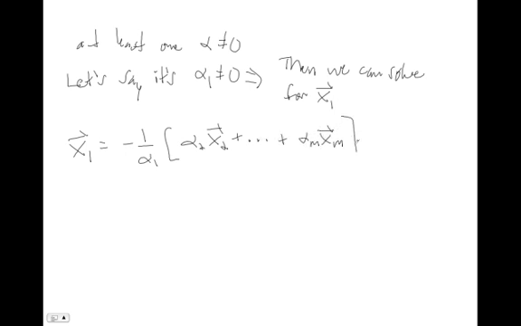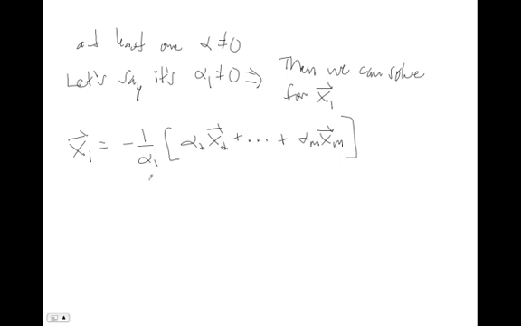You just go back to the original equation where you have all of the alpha 1 x1 through alpha m xm equal to 0. You bring the alpha 1 x1 over to the other side and you divide by negative alpha 1, and that's your solution for x1. But it hinges on this alpha 1 not being 0. If it were 0, you couldn't divide by it like this. And knowing that it's not 0, you can.